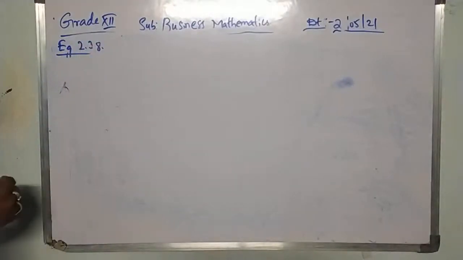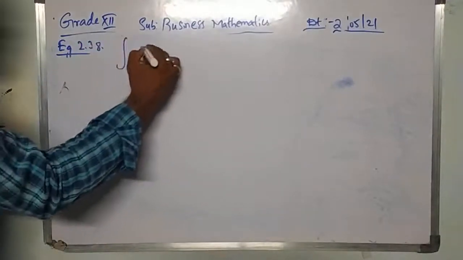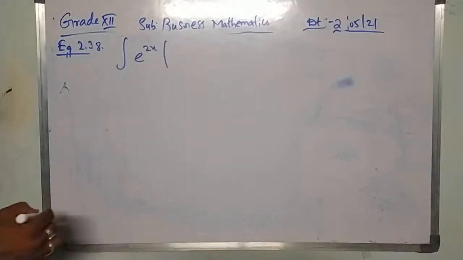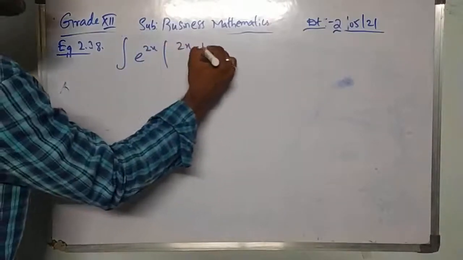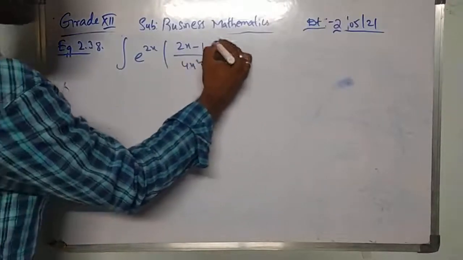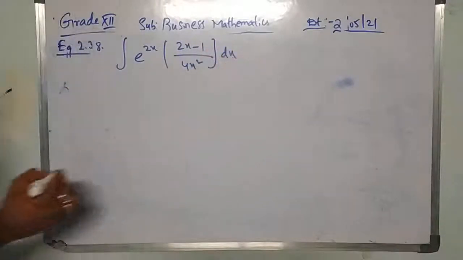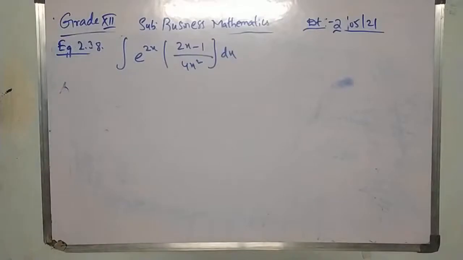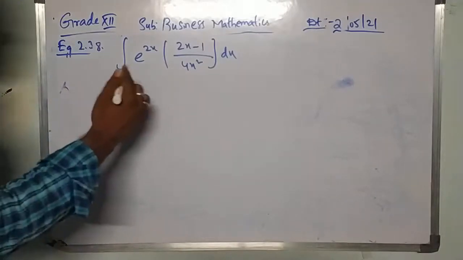So question: integral e power 2x times (2x minus 1) by 2x square dx. So this can be written like this.